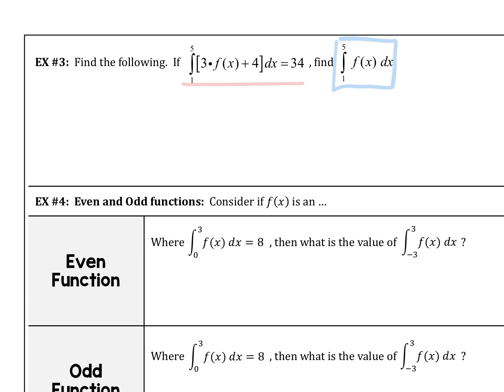So I'm going to start out by rewriting it in terms of splitting up where that plus sign is. I can rewrite this as the integral from 1 to 5 of 3 times f of x dx plus the integral from 1 to 5 of 4 dx is equal to 34.